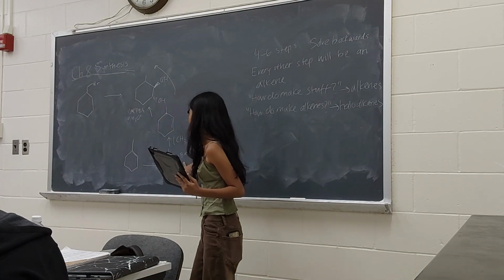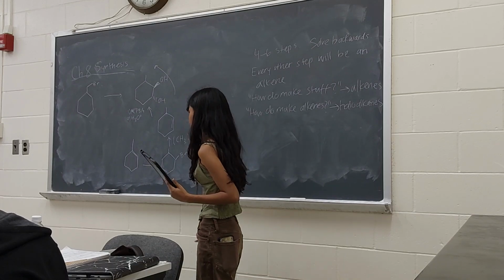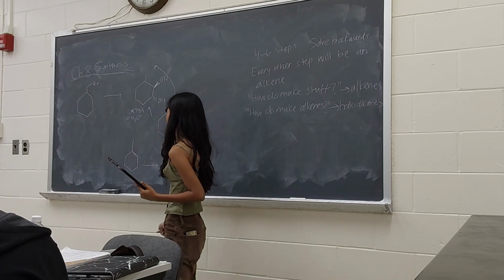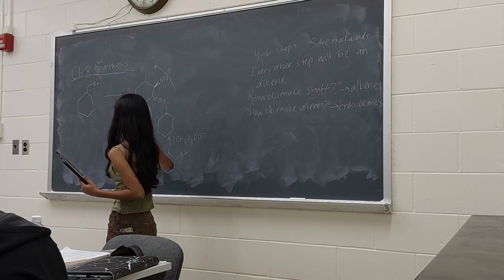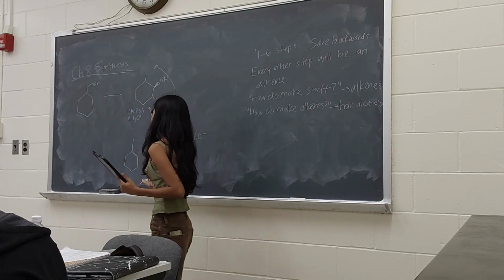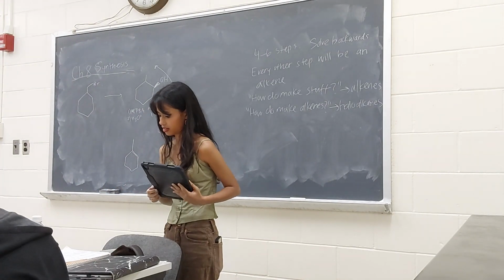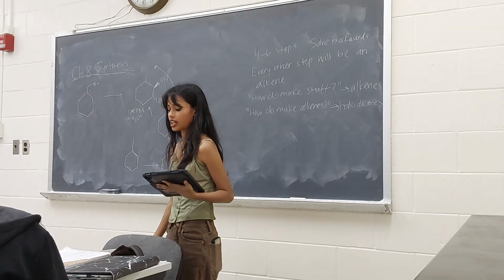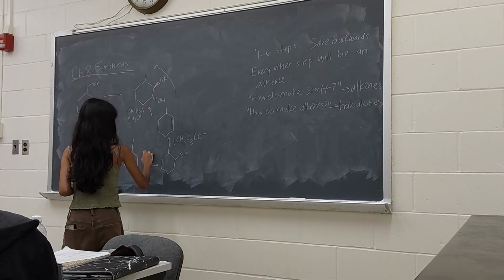From this alkene to this Br, is this side more substituted than this one? Oh, no. So it's anti-Markovnikov, right? So anti-Markovnikov addition of Br. Which one is that? Yes, hydrohalogenation. So HBr and ROOR.